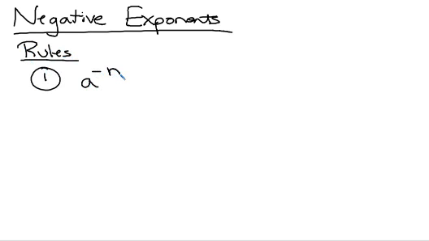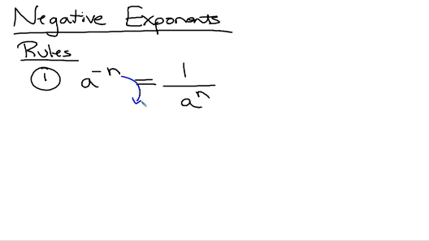What does a negative exponent mean? It means that it gets moved from where it was to either the top or the bottom. This one's on the top, so it goes to the bottom and it becomes positive. So this is 1 over a to the positive n. So if I have a negative exponent, I can just move it to the bottom.